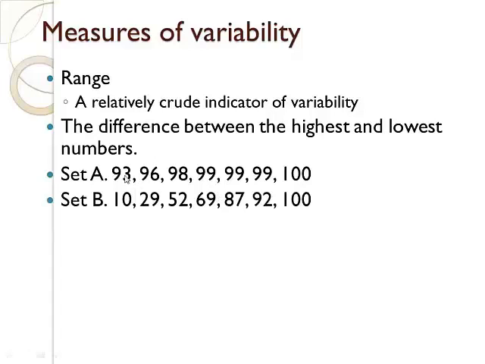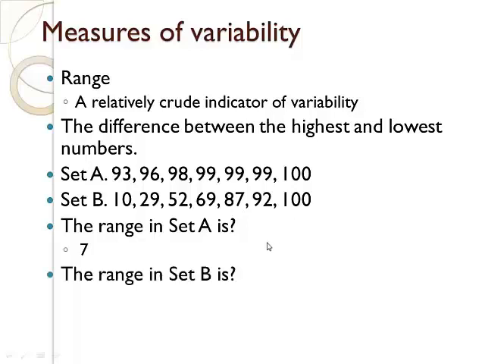So it's just the difference between the lowest number in set A, the lowest number is 93, and the highest number, 100. So the range of set A would be the difference between 93 and 100, or 7. Now this range of scores in set B looks to be more spread out.